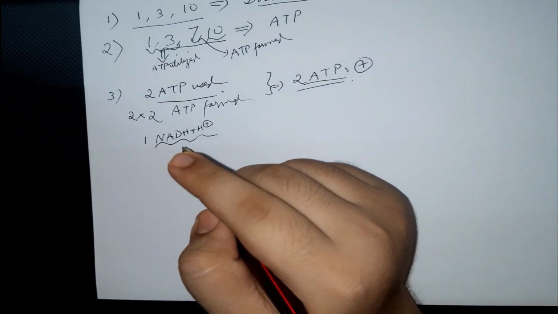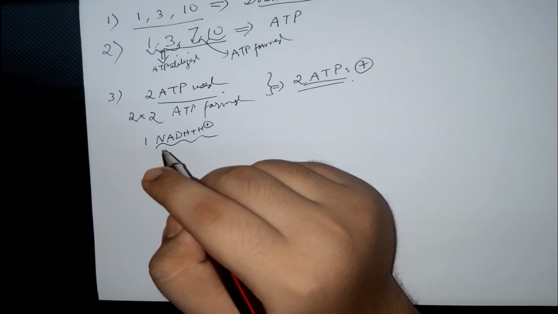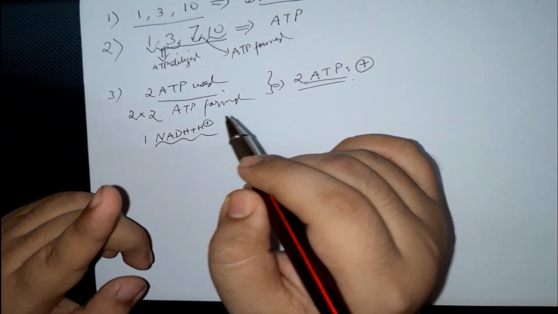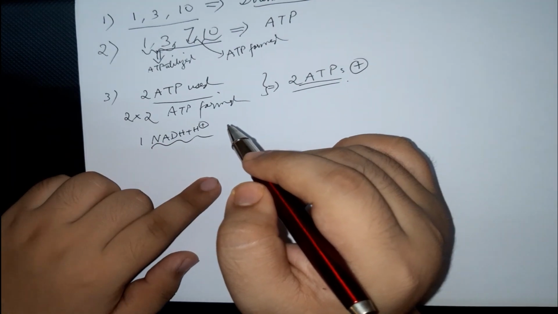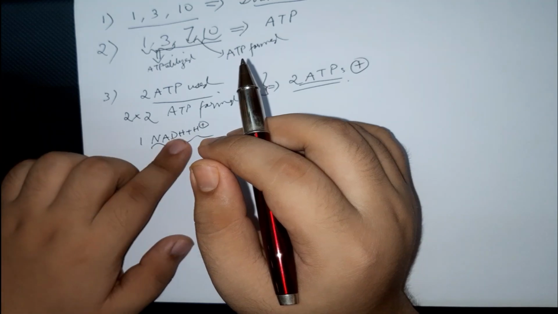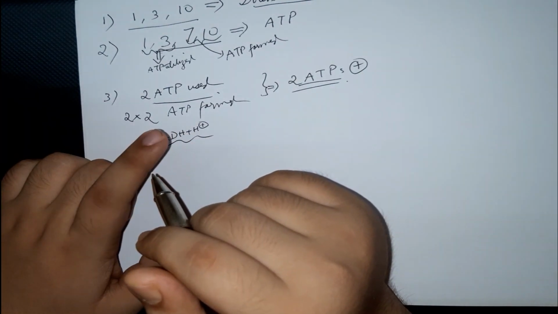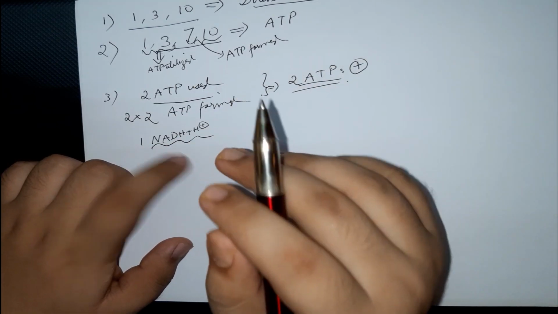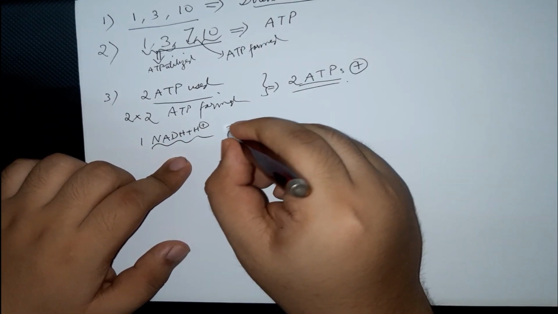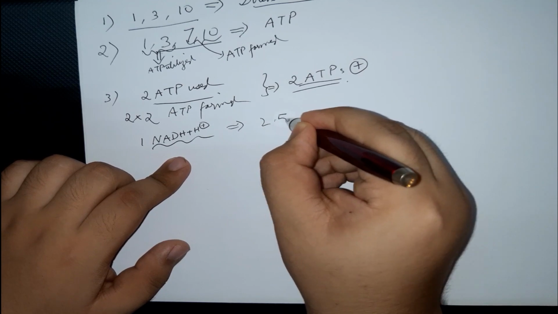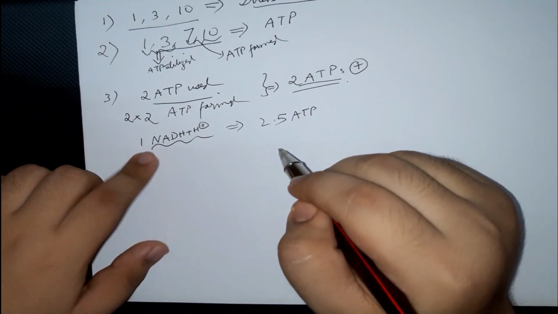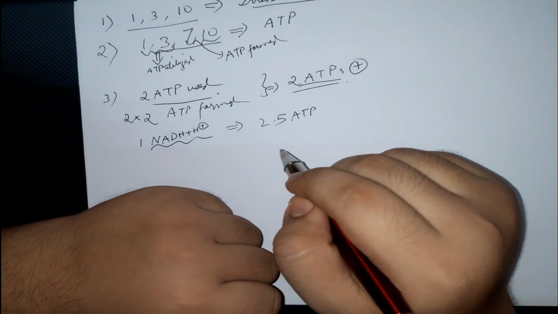Now when we're talking about oxidative phosphorylation and the electron transport chain, we will find out that 1 NADH plus H plus, one reduced coenzyme, will subsequently give rise to 2.5 ATPs. But is there only 1 NADH plus H plus being formed here?